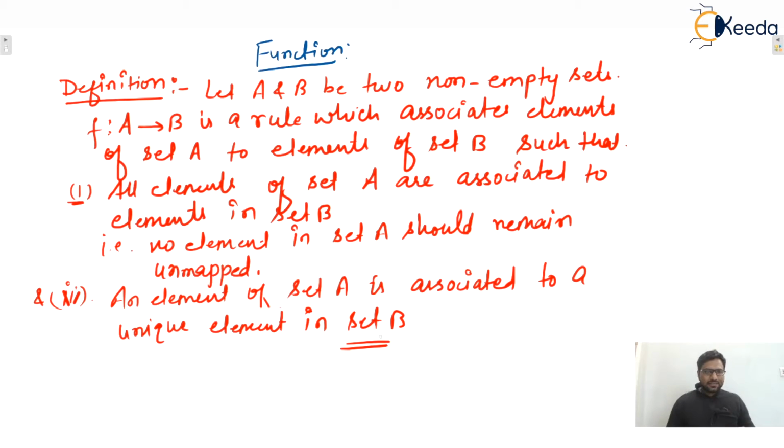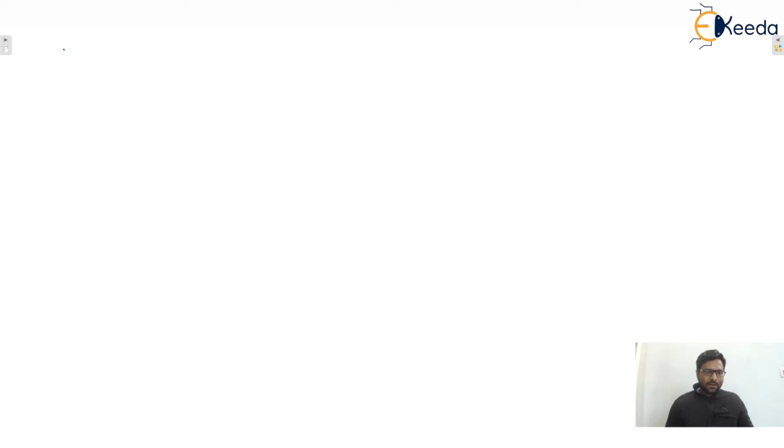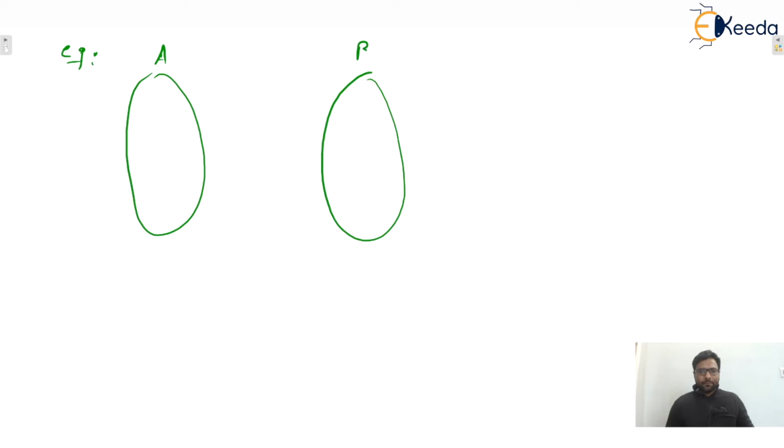Let us take one example. Let us consider two sets. Let's say this is set A and this is set B, and a function f is from set A to B. So f: A → B is the representation of a function from A to B. Let set A contain four elements, x, y, z, w, and B contain a, b, c, d.